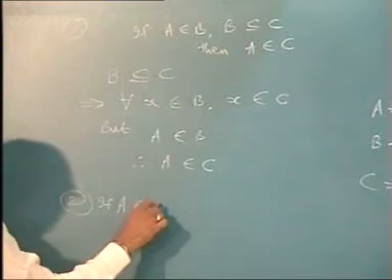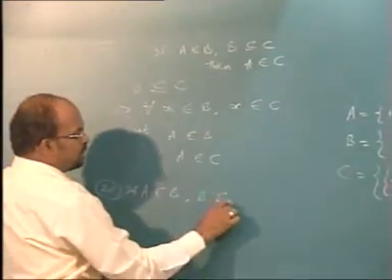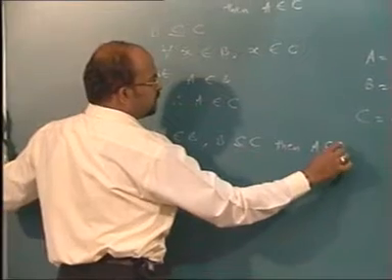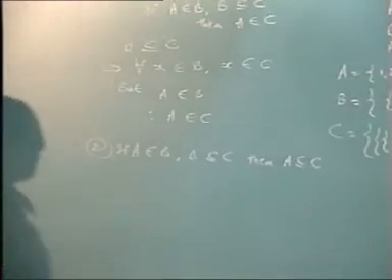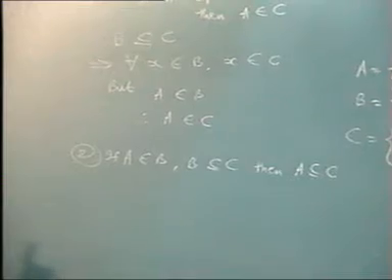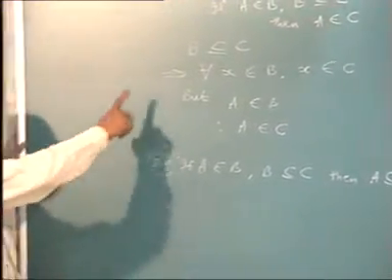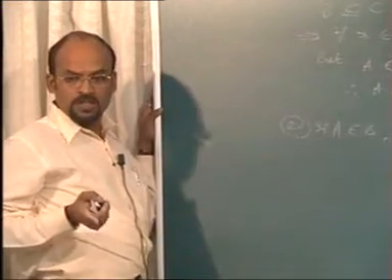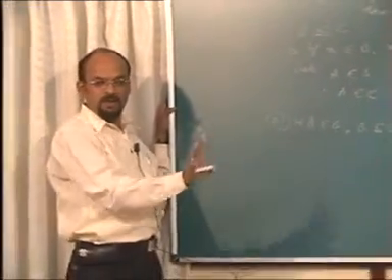If A belongs to B, B is a subset of C, then A is a subset of C. Remember, whenever you want to say yes, you will have to give the justification. Whenever you want to say no, just one example contradicting it will be sufficient.